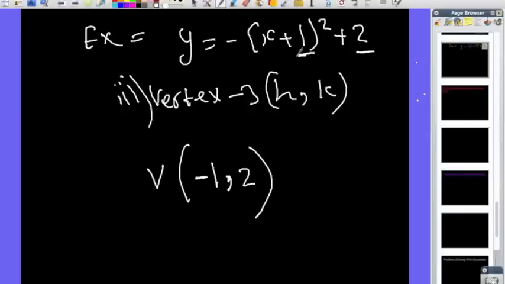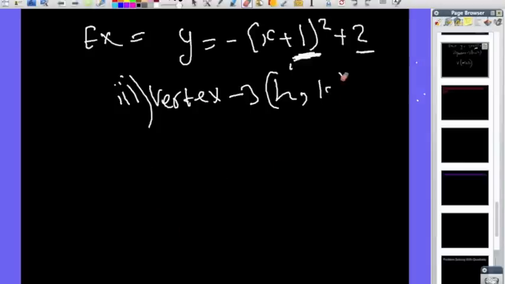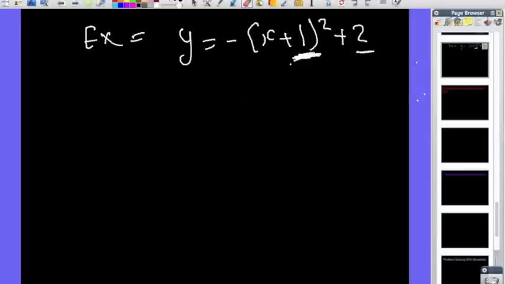In this one, the one that is inside the bracket, if you open it up, it would be -1, right? And this would be 2. So these are the vertex points, and if you want to sketch the graph, it would be something like this.